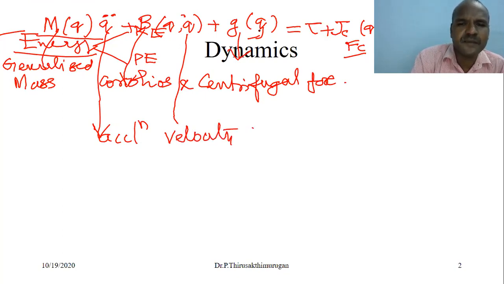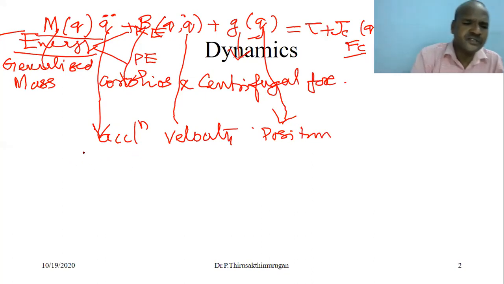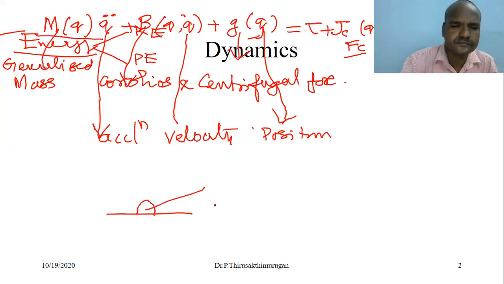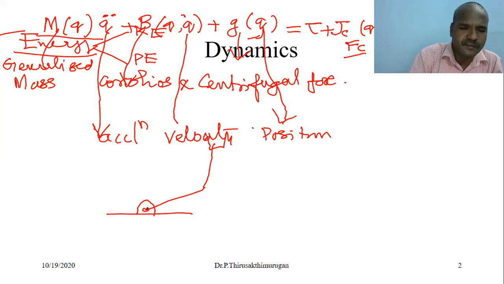Okay, Q is nothing but simply the position vector. Suppose we have a two-link manipulator, consider this, we already studied in kinematics.